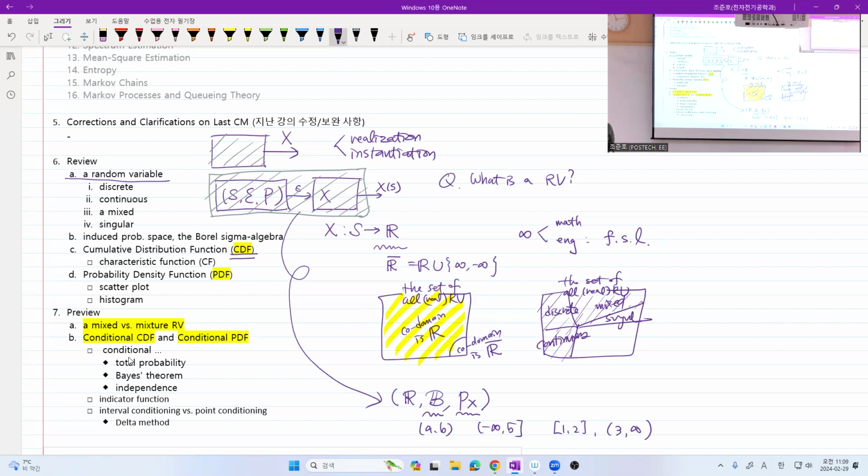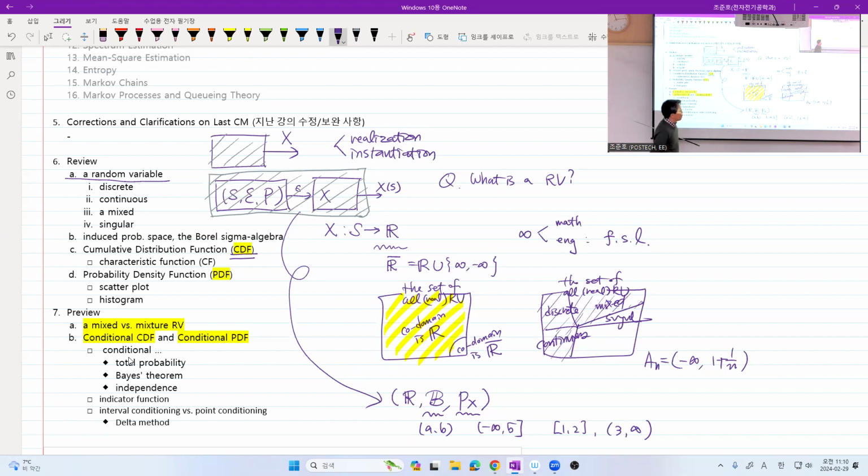For example, last time I skipped that one. Suppose you consider some open sets like this, and you intersect these sets, okay? This A sub n is an open interval from negative infinity to 1 plus 1 over n. Here n is a natural number. Then by changing this value n, you can have a countably infinite number of open intervals, right?